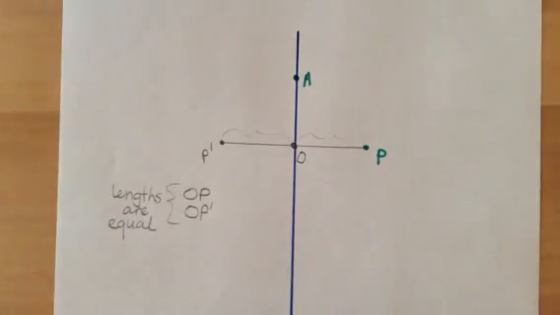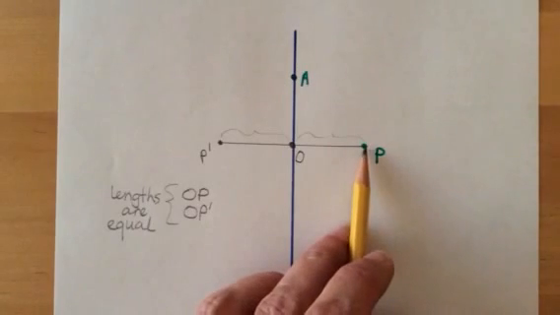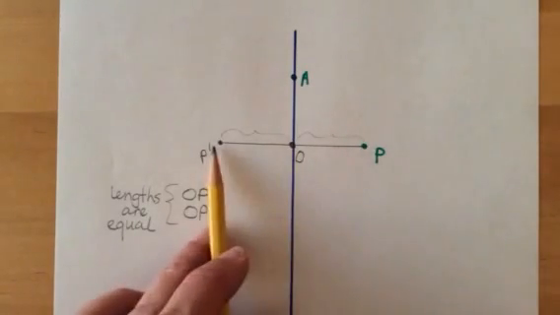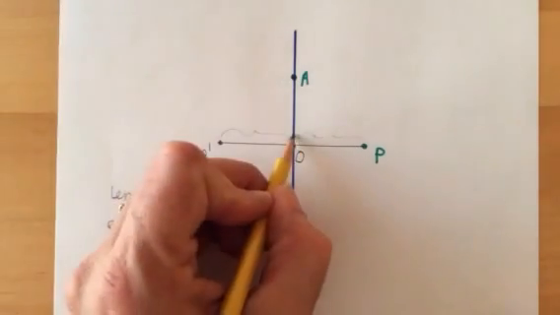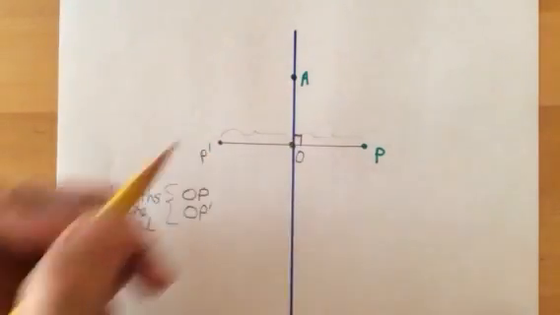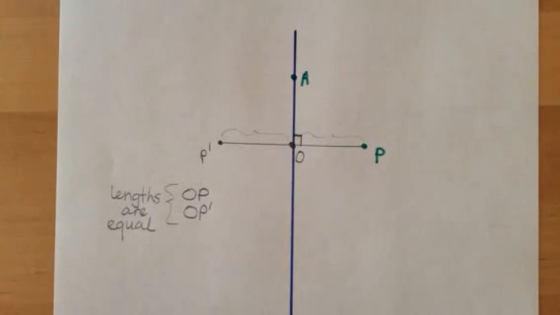Okay. Another thing is that P and P prime are directly opposite one another on this line L. And so this is a perpendicular segment here.